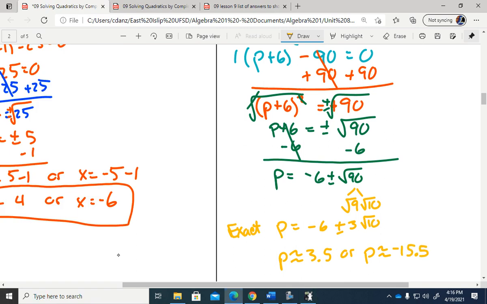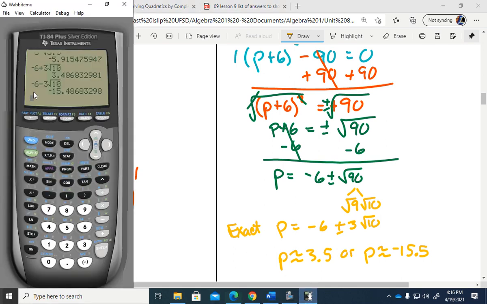I just want to show you something on your calculator that you might find interesting. If you don't want to retype something that you entered, you can see above the enter button, it says entry. If you do second and then the enter button, it rewrites what you had typed here.